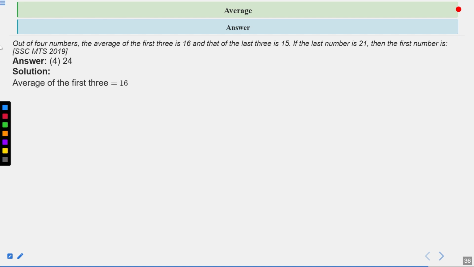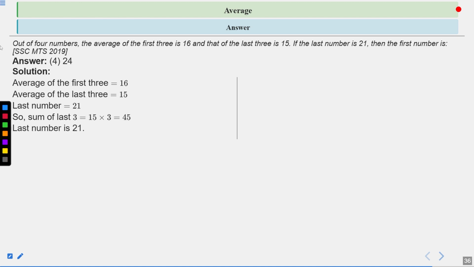The average of the first 3 numbers is 16. The average of the last 3 is 15. The last number is also given, which is 21. So the sum of the last 3 becomes 15 into 3, which is 45. The last number is 21, so the sum of the second and third numbers becomes 45 minus 21, which is 24.